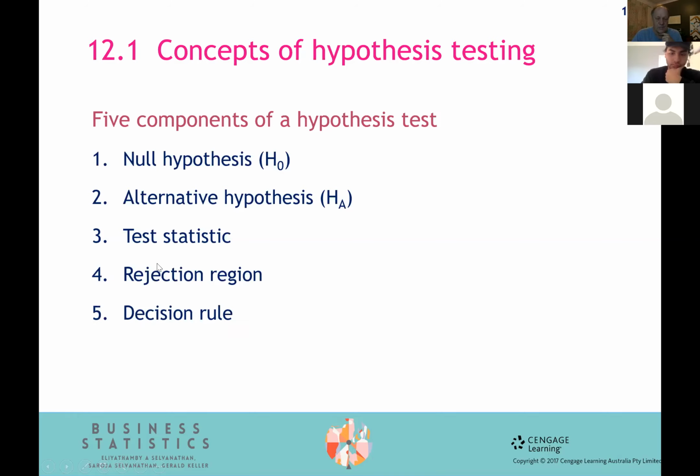There'll be a rejection region. If it's within a certain region, we will stick to our null hypothesis. If it's outside of that region, we'll say, okay, now we accept the alternative hypothesis. That's always how it works. So there's a decision rule, and then what's not on here is the conclusion, which is very important.